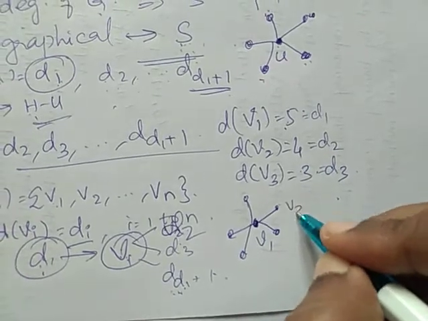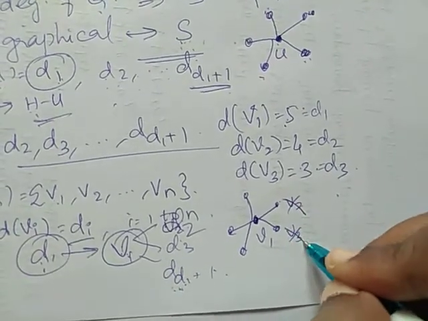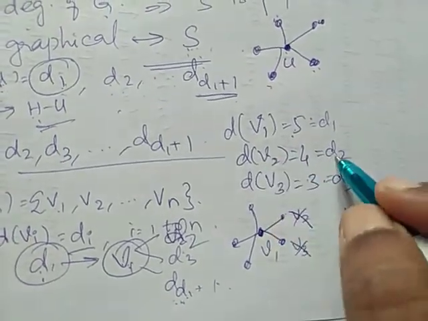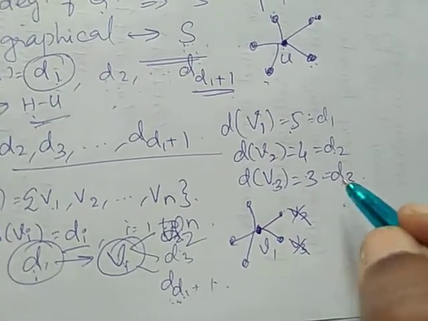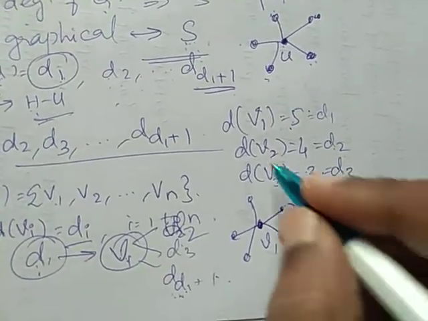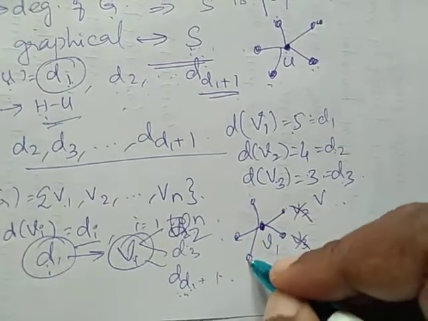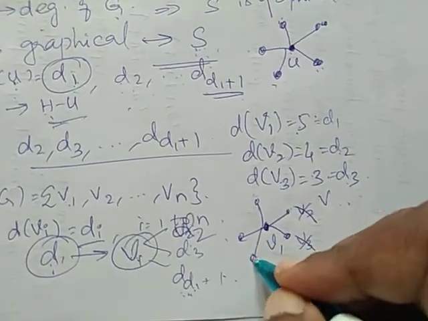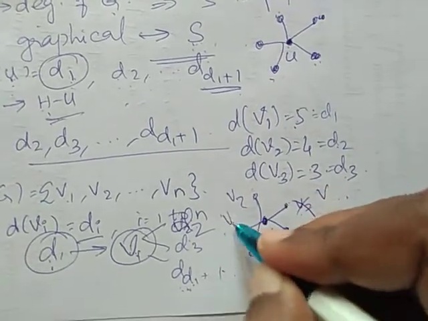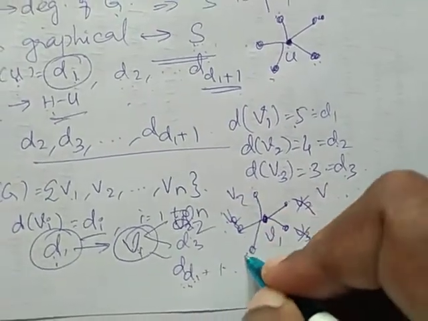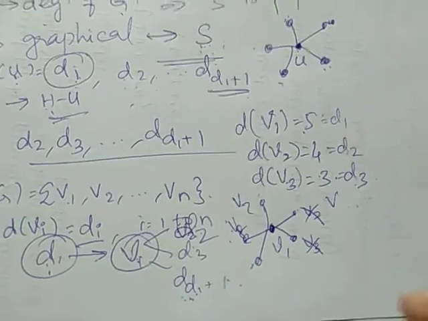Right? This is not equal to V2, this is not equal to V3. V2 is the second highest degree, V3 is the third highest degree, etc. So it is not adjacent to V3, V4, V5, V6. It means it is adjacent to some other vertices, V7, V8, which have smaller degree.